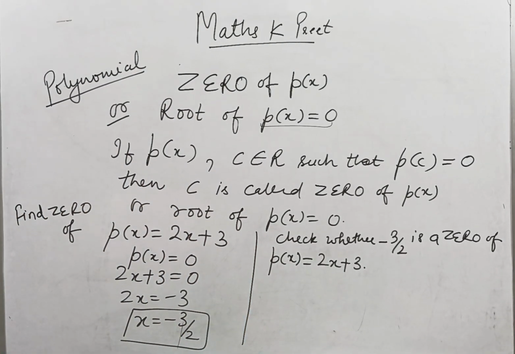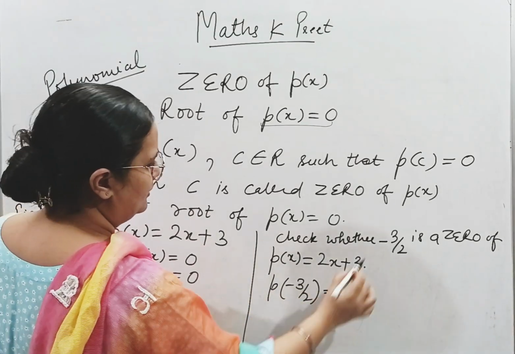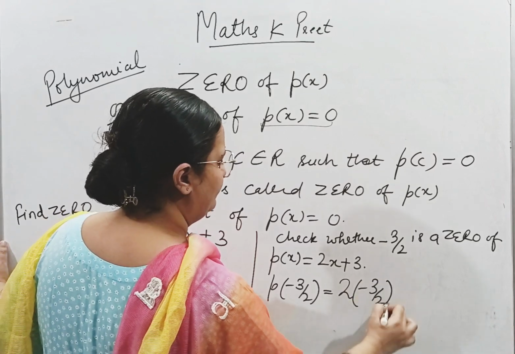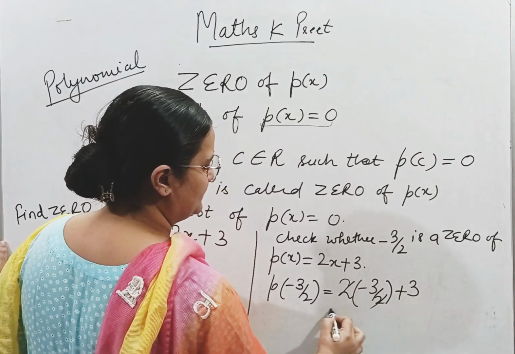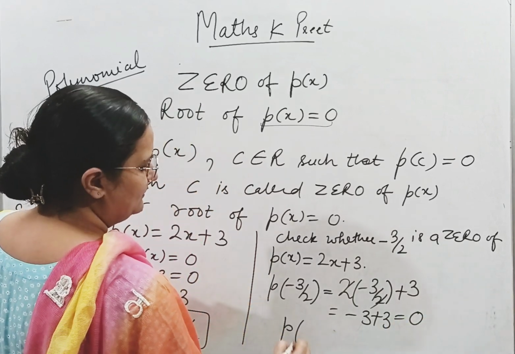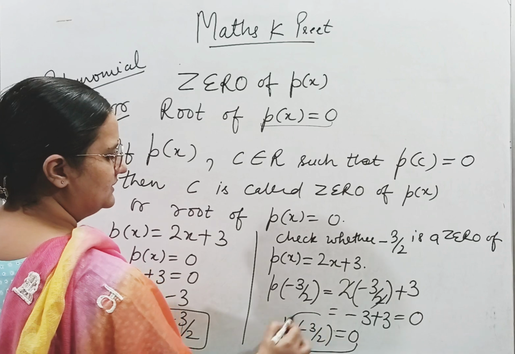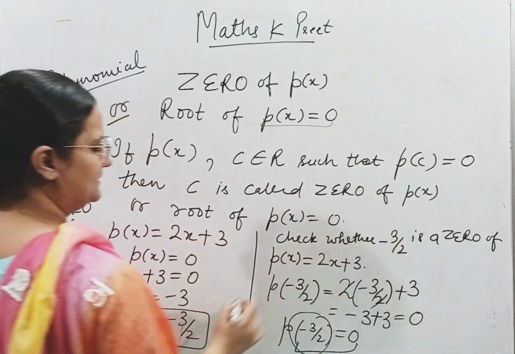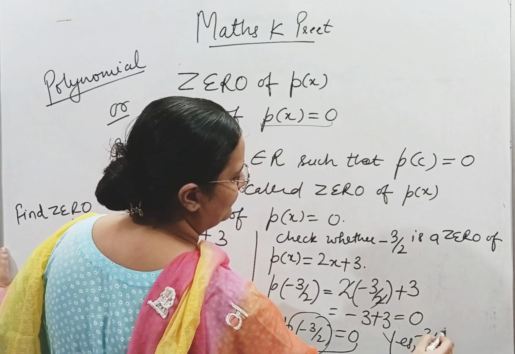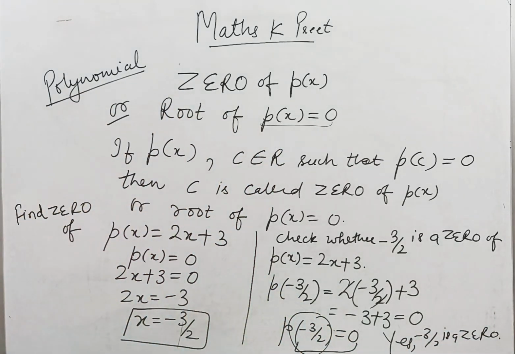We will just put the value of the zero, or the number, in x, and if the result is 0, it's minus 3 plus 3. Ultimately the result is 0. So clearly p of minus 3 by 2 is equal to 0. So this minus 3 by 2 is satisfying this condition, so we will say yes, minus 3 by 2 is a zero of the given p of x.